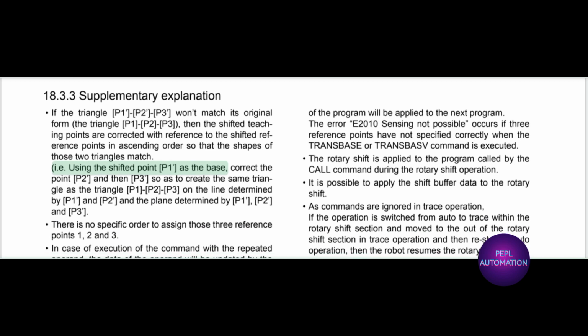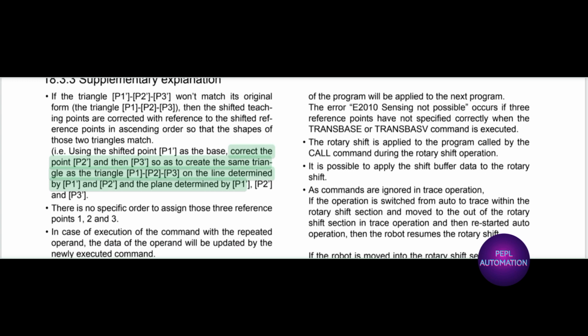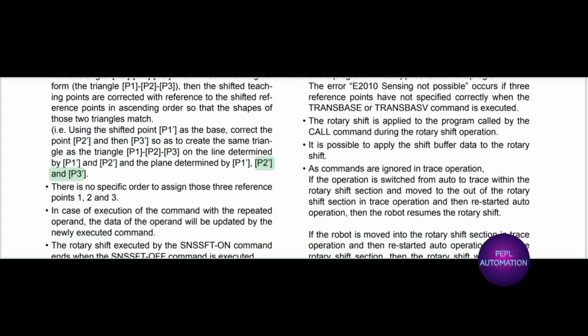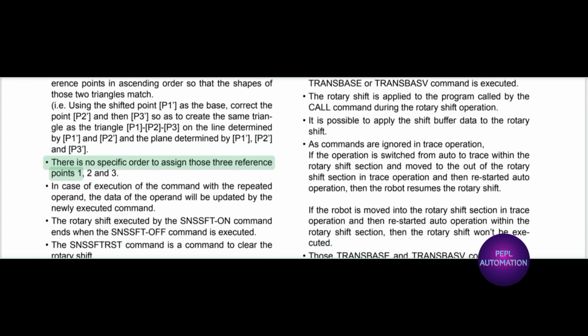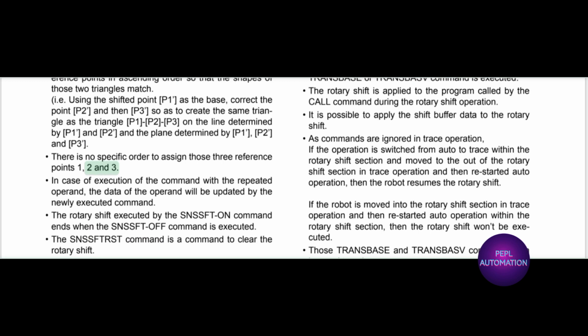I.e., using the shifted point P1 as the base, correct the point P2 and then P3 so as to create the same triangle as the triangle P1, P2, P3 on the line determined by P1 and P2 and the plane determined by P1, P2 and P3. There is no specific order to assign those three reference points 1, 2 and 3.